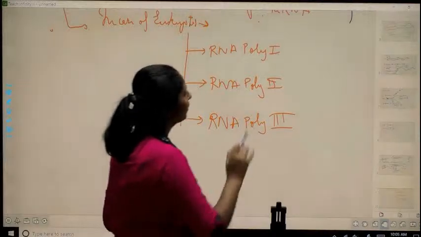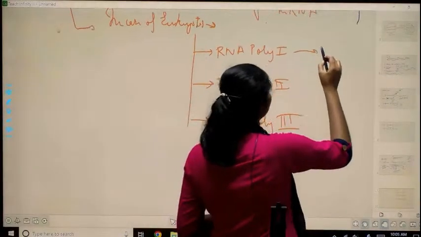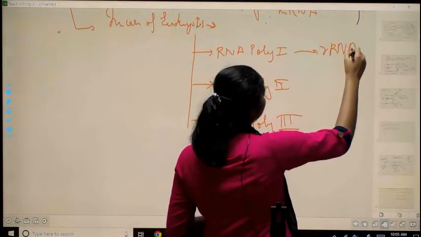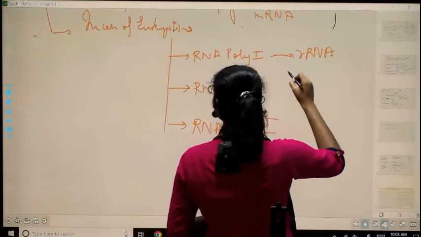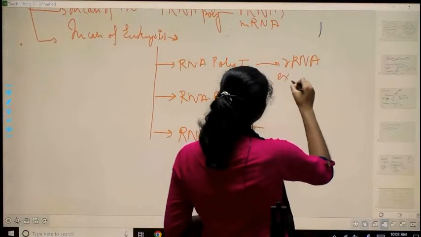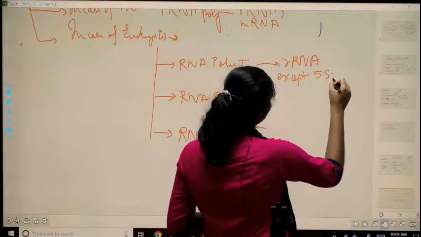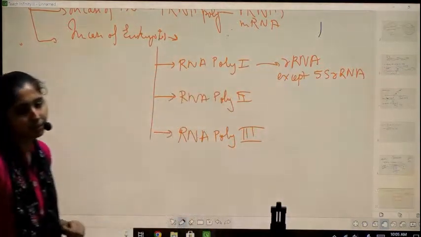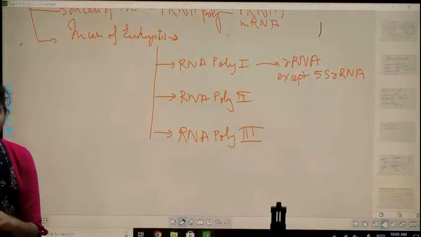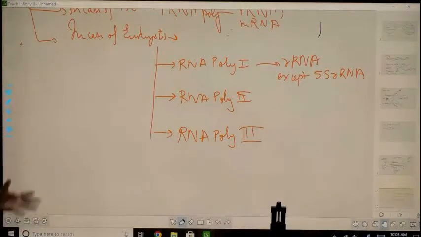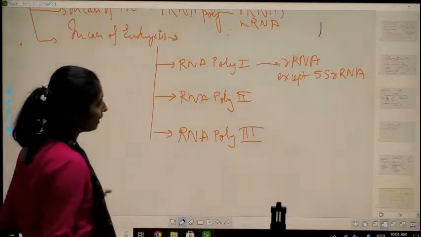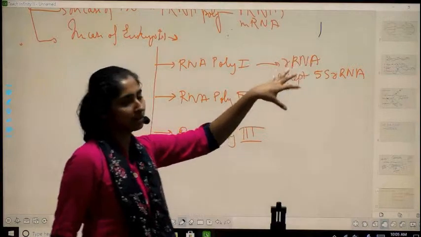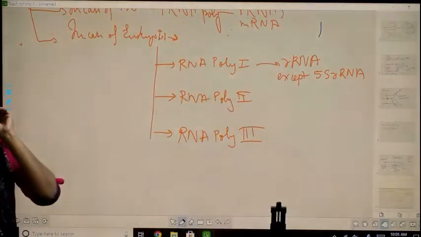RNA polymerase 1 transcribes ribosomal RNA, except 5S ribosomal RNA. So what are ribosomal RNAs? Ribosomal RNAs are part of ribosomes. They help in the formation of ribosomes, right? There are ribosomal RNAs of different types. Out of those different types, except 5S RNA, the rest of the ribosomal RNA is transcribed by RNA polymerase 1.